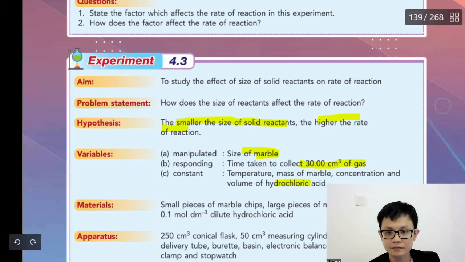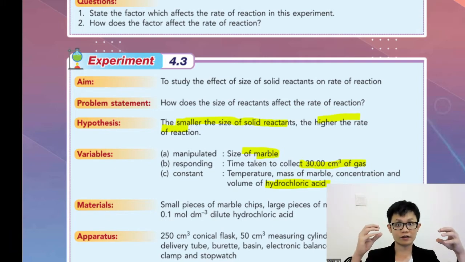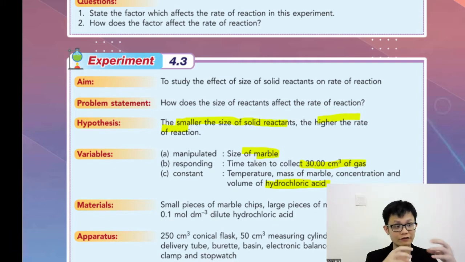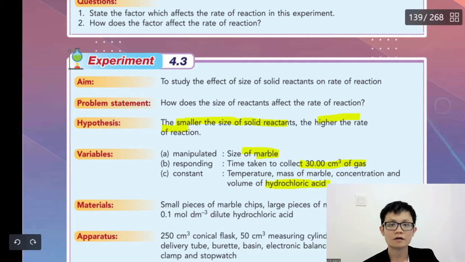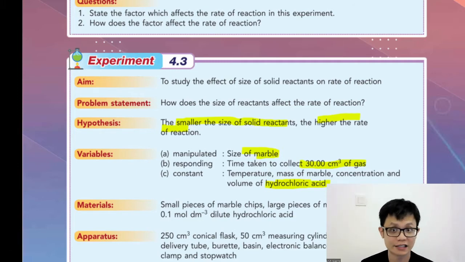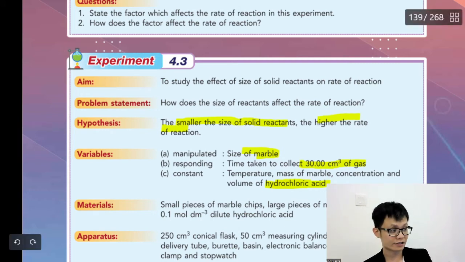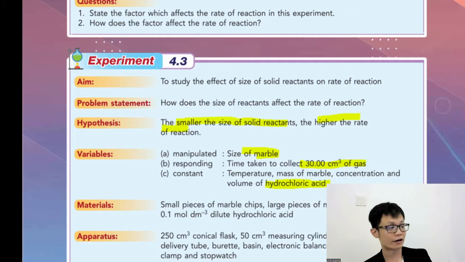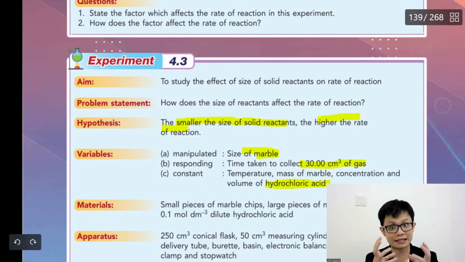So when you use marble and they want to put in hydrochloric acid, because when you mix acid with limestone, it will produce a gas. So from here, I can see that limestone is actually calcium carbonate, plus acid, for example hydrochloric acid, you will get calcium chloride plus carbon dioxide plus water. So basically, the gas that you collect is carbon dioxide.